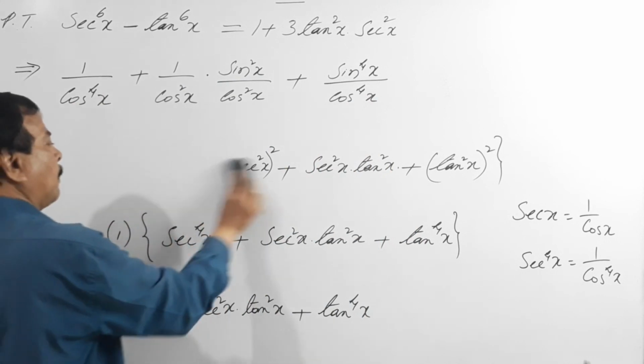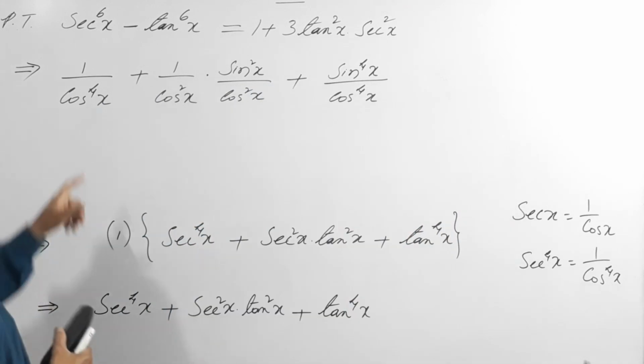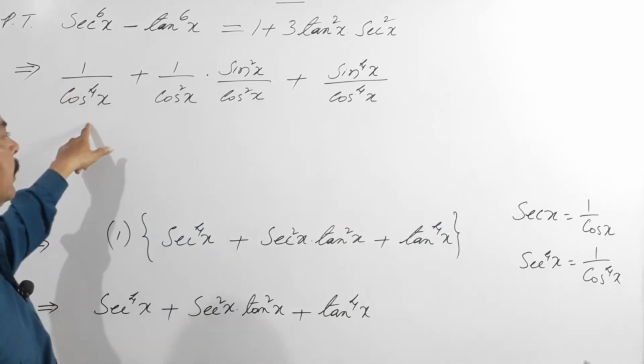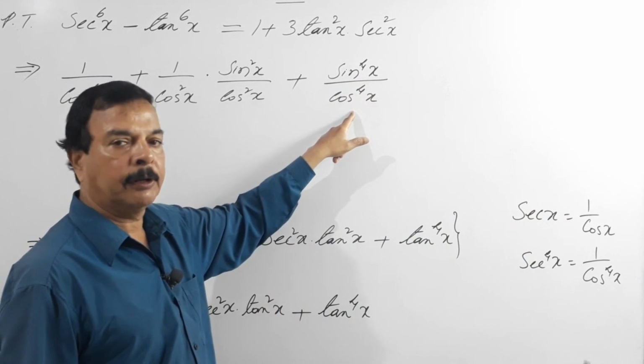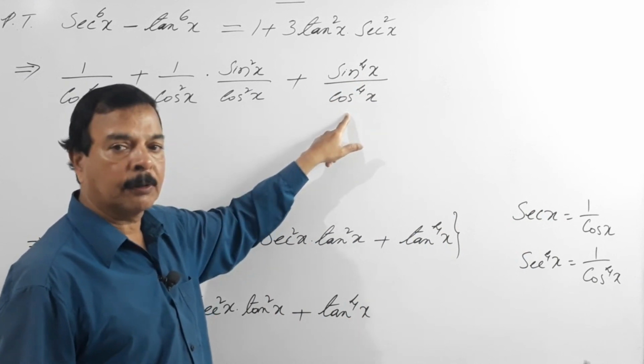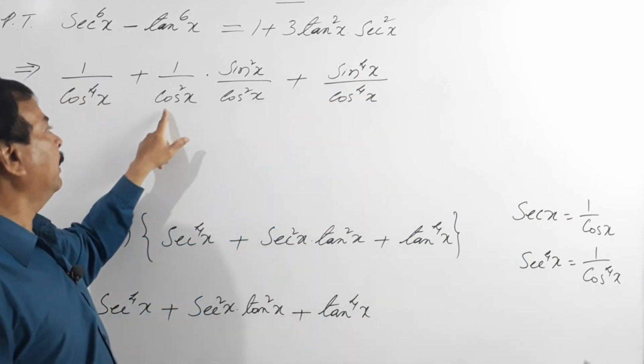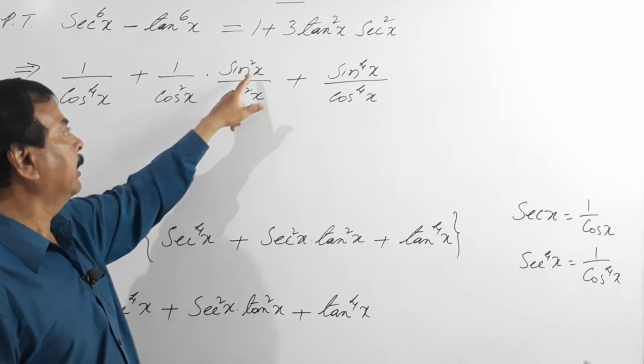I wrote this. We have 1 by cos to the power of 4x. Here also we have sin to the power of 4x by cos to the power of 4x. But here we have 1 by cos square x and here sin square by cos square.